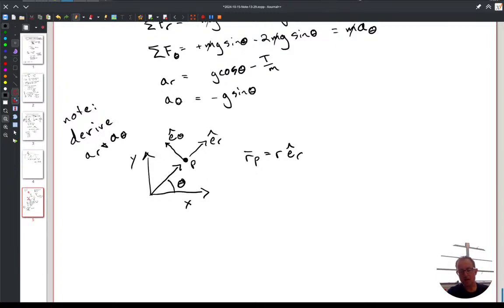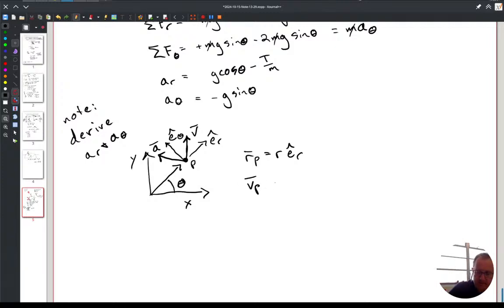All right, so now I want to figure out what the velocity of P is. So it's moving somewhere. Let's say this is my velocity. It can have some change in R, it can have some change in theta, but overall doing something. And we'll also say it's got some acceleration.